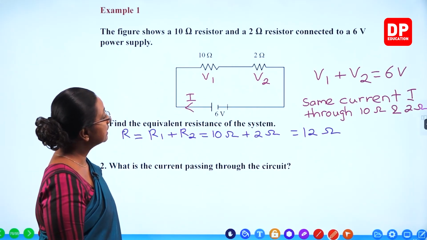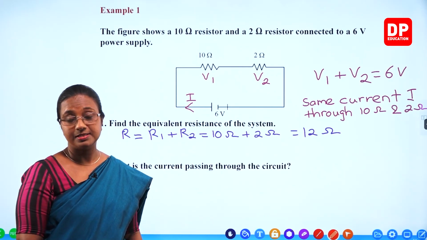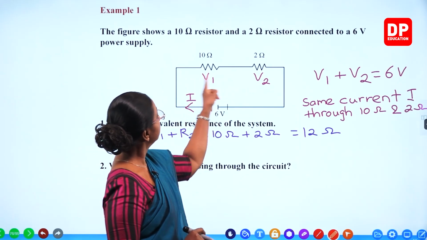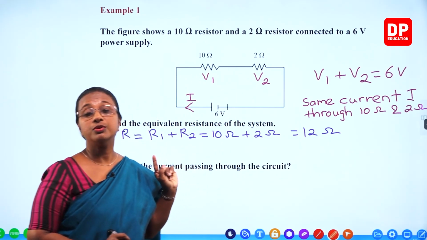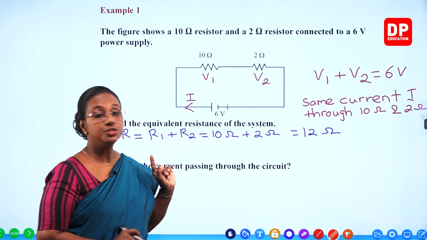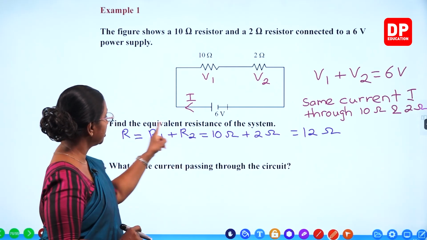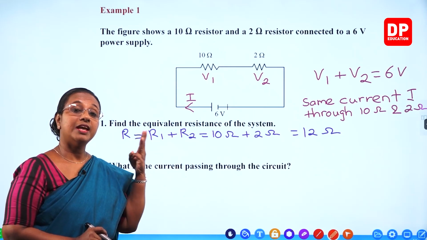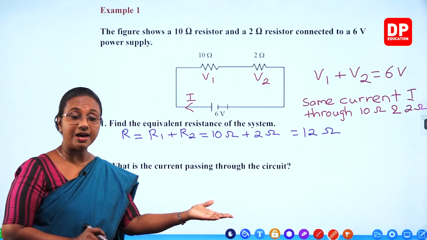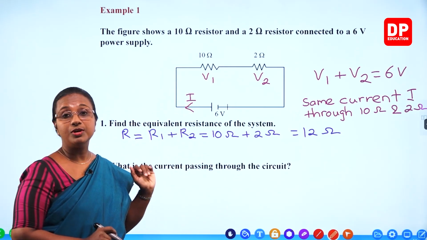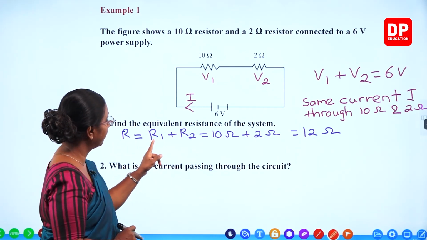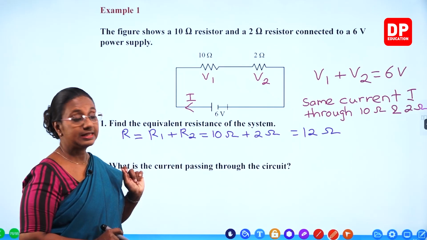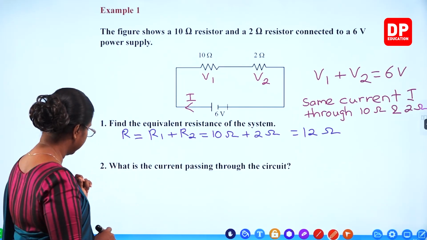Is that clear to you? Sum of the resistance of the 2 resistors, 10 ohm and 2 ohm. And the equation, you know, R is equal to R1 plus R2. If we have 3 resistors, you add R3. But here there are only 2 resistors, so R is equal to R1 plus R2. That is the equivalent resistance.